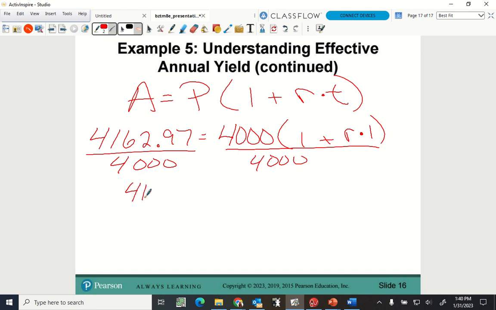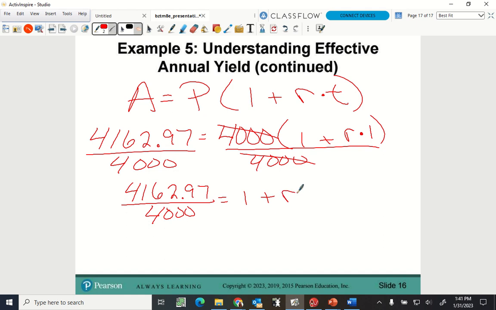So 4162.97 divided by 4,000. Now don't do the math on it yet. We're going to put it all in the calculator at the end and round it then, because you only want to round one time, and that's the very end. Since this calculator's smart, you can just put it all in at once. Equals. These cancel, and I'm left with 1 + R.